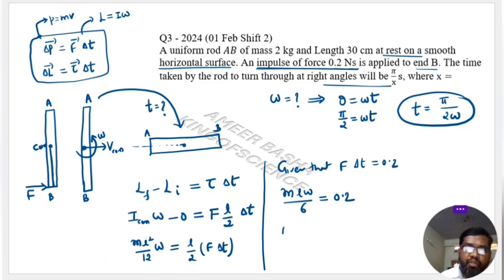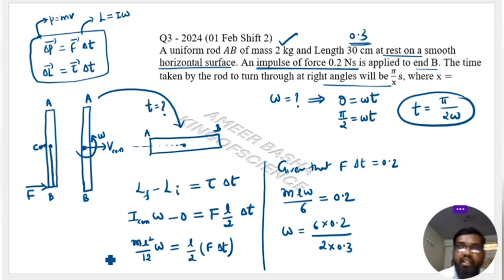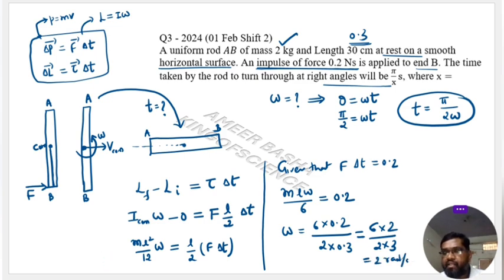From here omega comes out to be 6 into 0.2 divided by mass multiplied by length. Mass is given as 2 kg, length is 30 centimeters, that is 0.3. So that is 6 into 2 divided by 2 into 3. The answer comes out to be 2 radians per second.